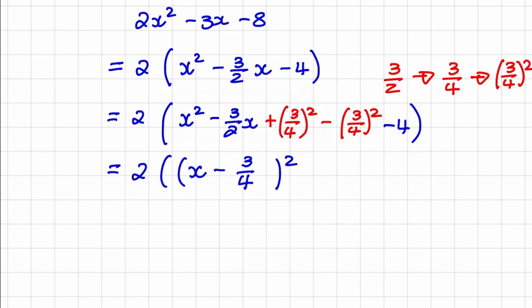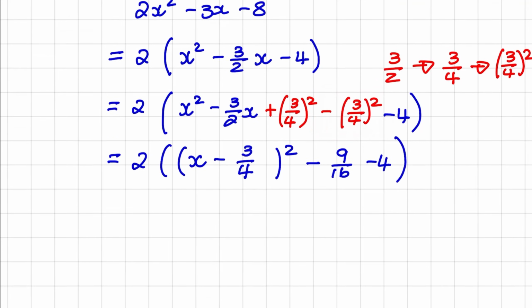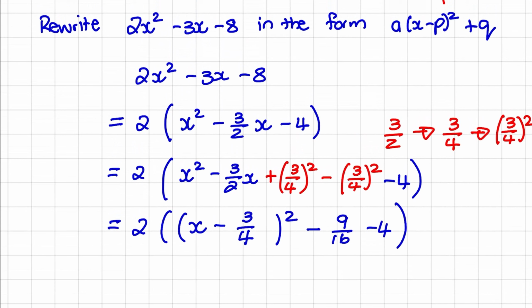Next, I can multiply out negative 3 over 4 squared, which is equal to negative 9 over 16, minus 4. So remember, our plan is to rewrite this expression to look like a times (x minus p) squared plus q.